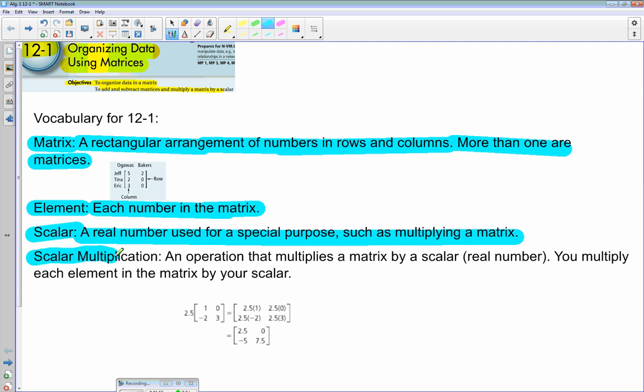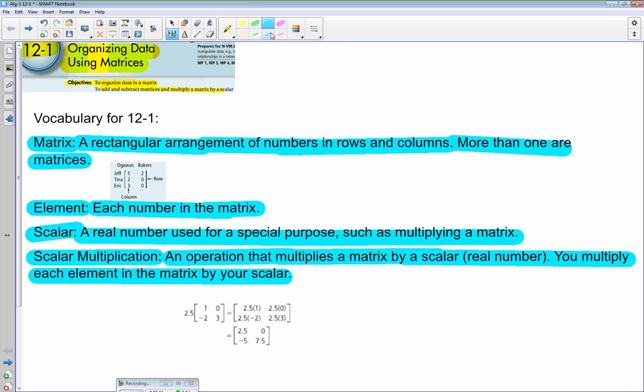Bringing us to scalar multiplication. It's an operation that multiplies a matrix by a scalar. Scalar is a real number. So you multiply each element in the matrix by your scalar. So when you look here, our scalar here is 2.5.